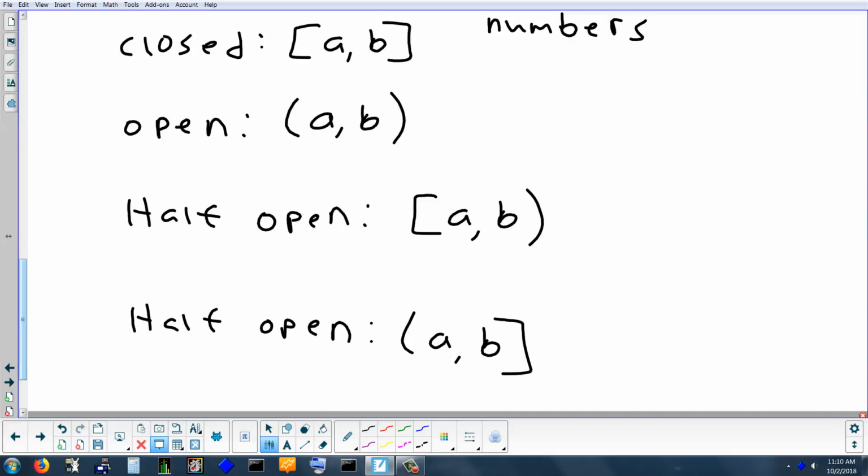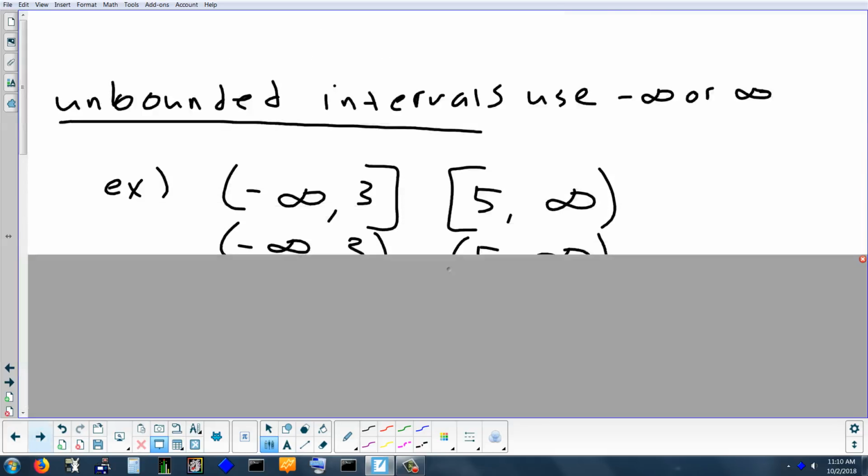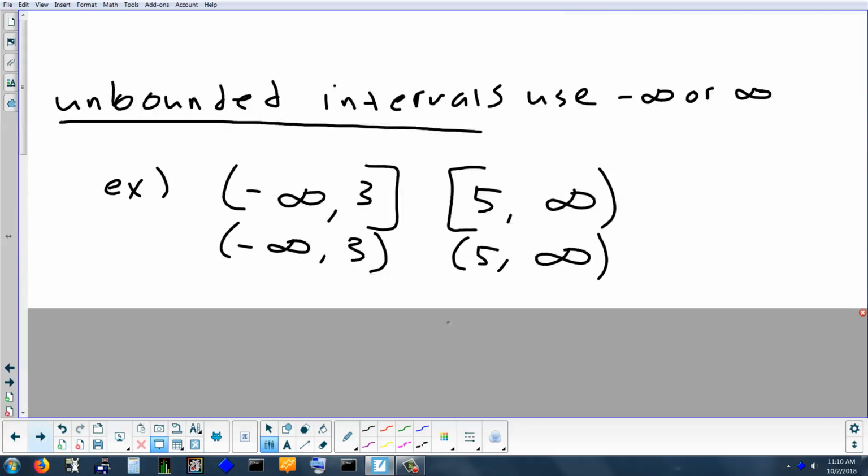If you let one of your bounds be infinity, so you're saying you can go up as high as you want or you can go as low as you want, now you've created an unbounded interval. Okay, so these are all examples of unbounded intervals. The first one in the upper left is unbounded on the left, and it's bounded and closed on the right.